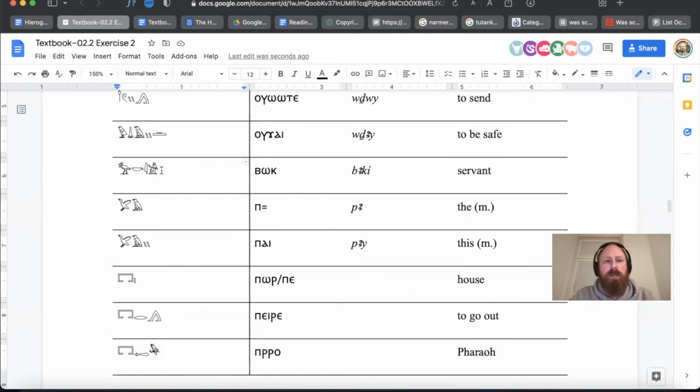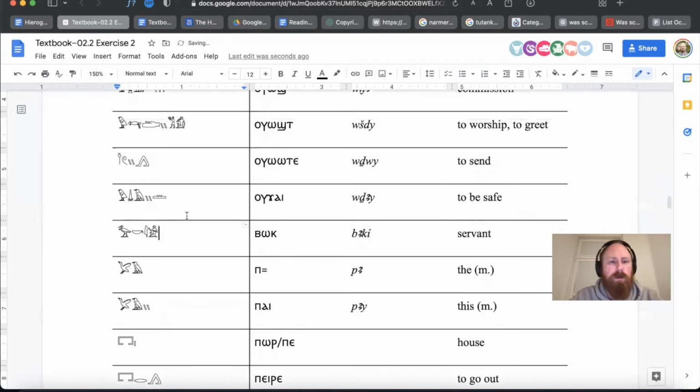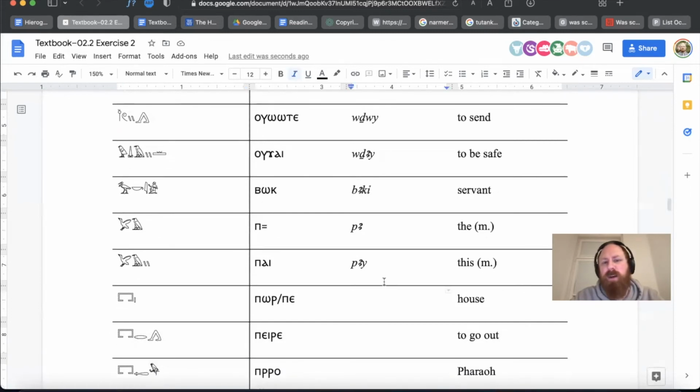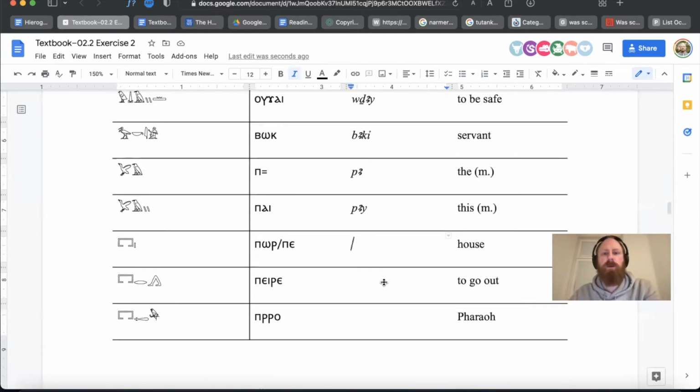So if you wanted to say my servant, you would probably write this. Yeah, you would just write it twice. Or you might just write it once and you're supposed to just figure it out. You know how Egyptian is. They expect the reader to do some guesswork a lot of times. It could go either way.